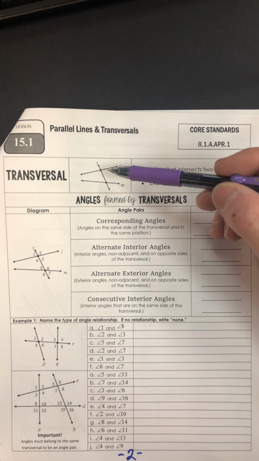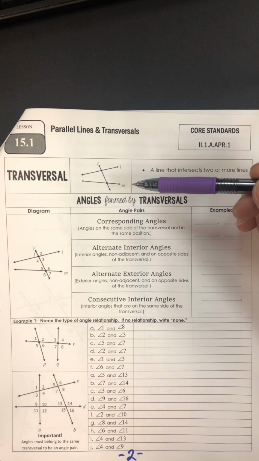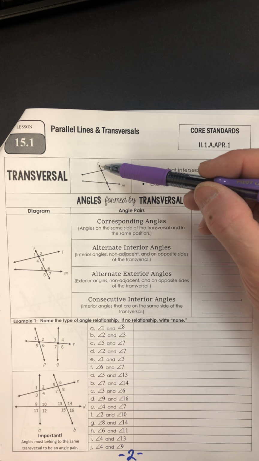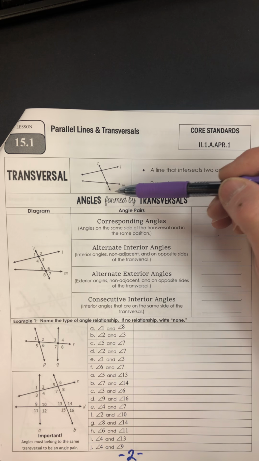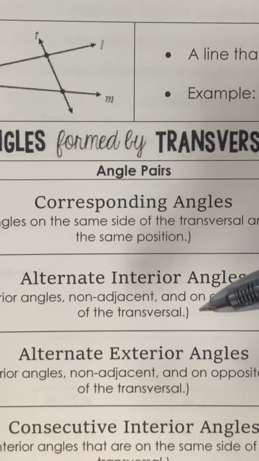Okay, that just means a line that crosses two or more lines. So this line right here, T, that's a transversal because it crosses those other two lines.